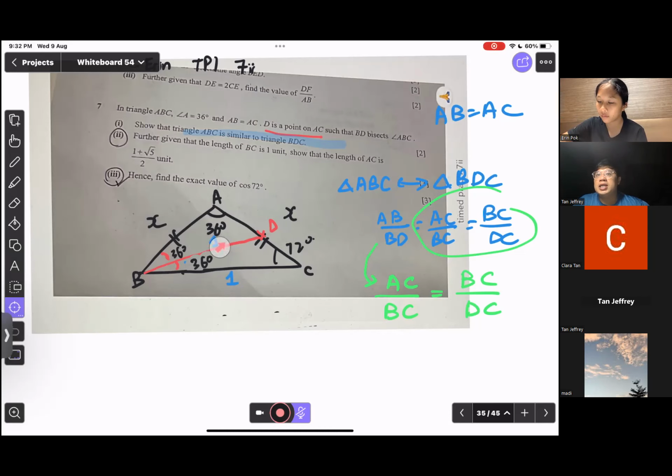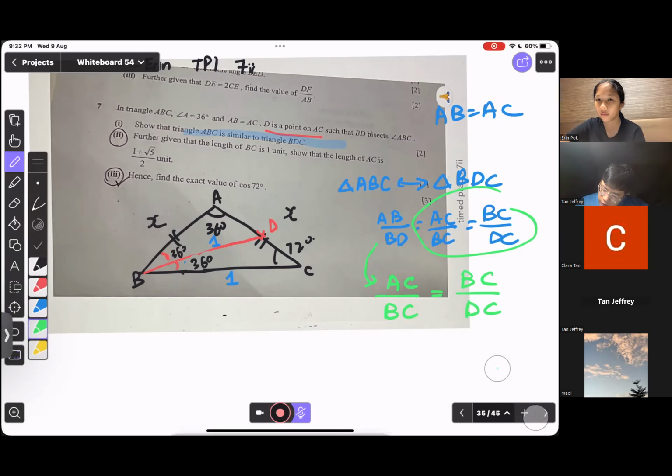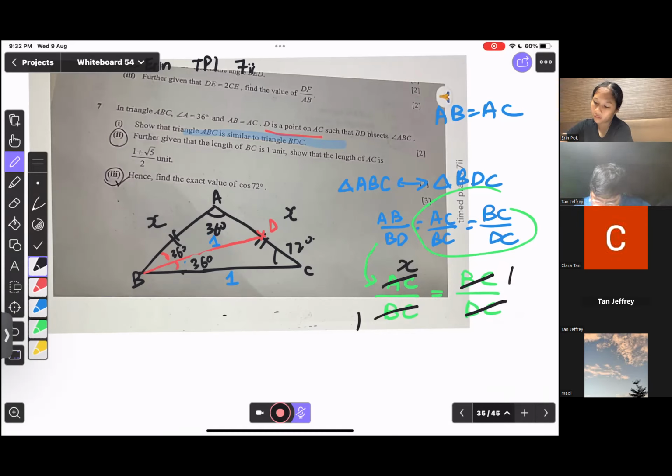BD is also 1 unit. I call this 1 unit. AC, I call it X. DC is just X minus 1. Why minus 1?